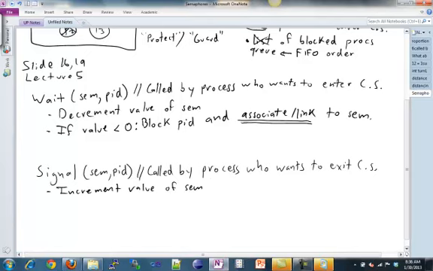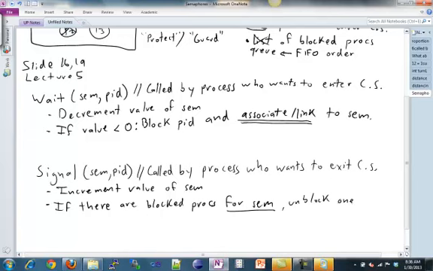And then if there are any blocked processes for this semaphore, right? We might have more than one semaphore, but for this specific one, if there are any blocked processes, we want to unblock one of them. And that's where this list or this queue of blocked processes comes in handy.